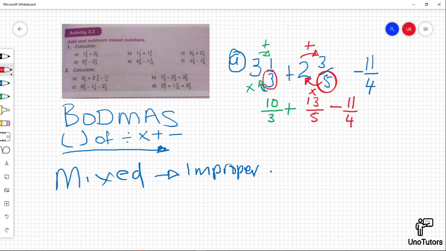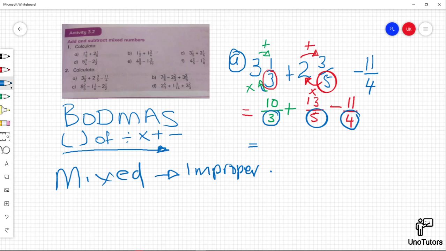Once we are here, what we will then do is make the denominators the same, meaning we find a number that can go into all these numbers.